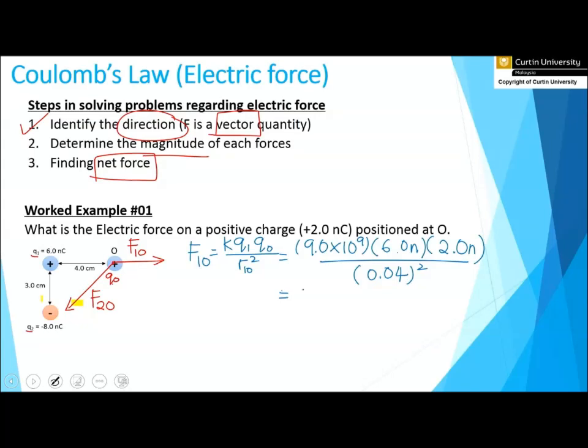That gives you 6.75 times 10 to the power of negative 5 Newton.